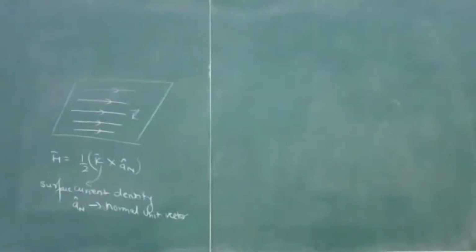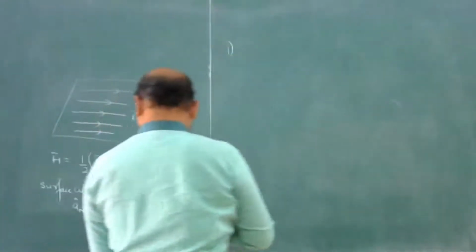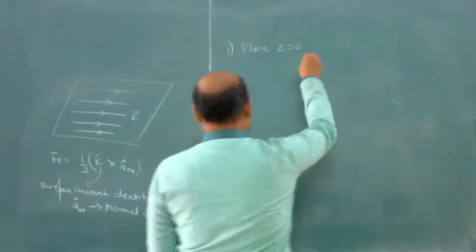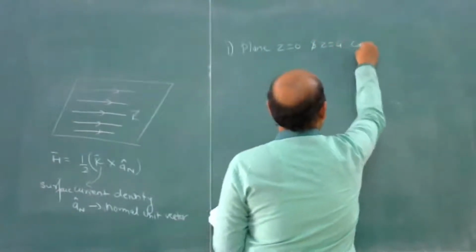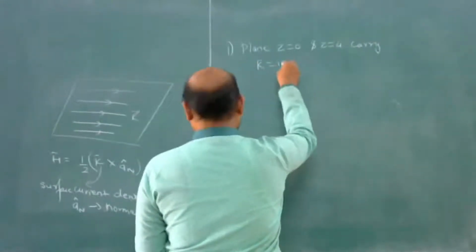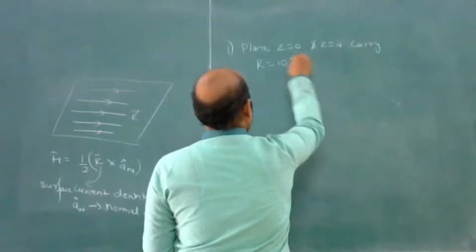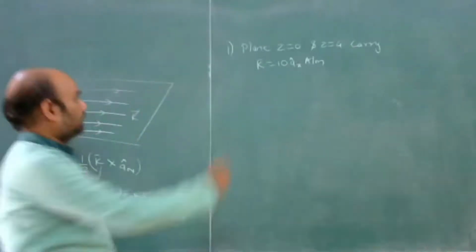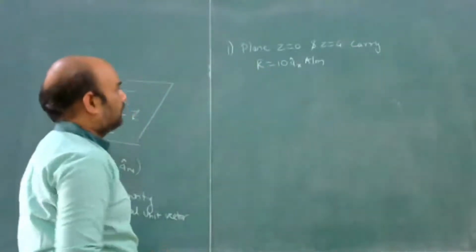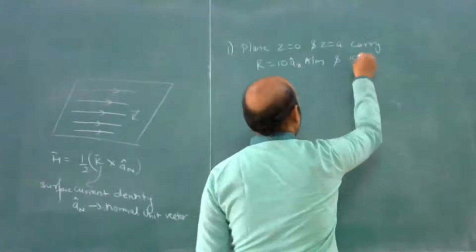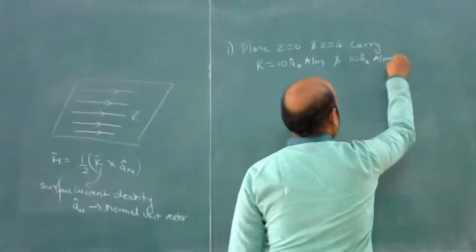Let's take the first problem. The planes z is equal to 0 and z is equal to 4 carry current density K equal to 10 a_x ampere per meter and minus 10 a_x ampere per meter respectively.